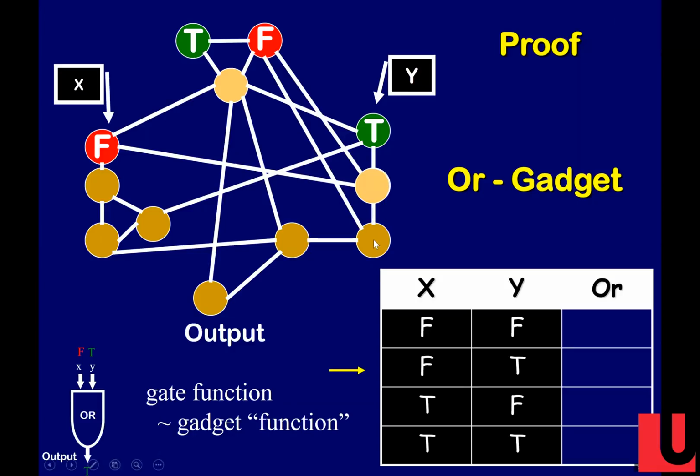Now, what does this node have to be? It can't be the third color and it can't be false. So it has to be true, right? Now, what about this node here? It can't be the third color and it can't be true. So it has to be false, right? And what about this node down here?